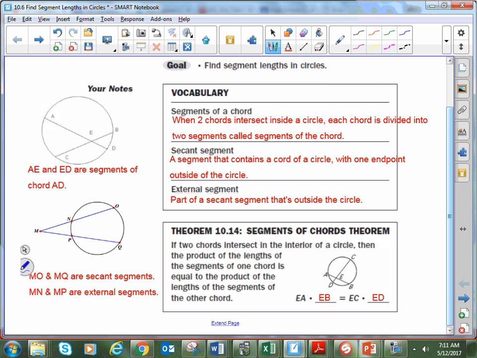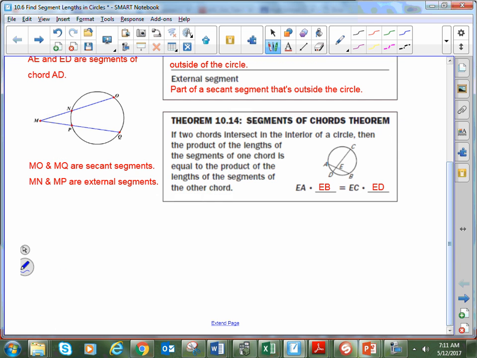And the first one that we're going to be taking a look at is this one here, the segments of chords in a circle. So like I said, it doesn't seem intuitively like there would be a relationship between how long one chord in a circle is and the length of another chord in a circle, but there really is.